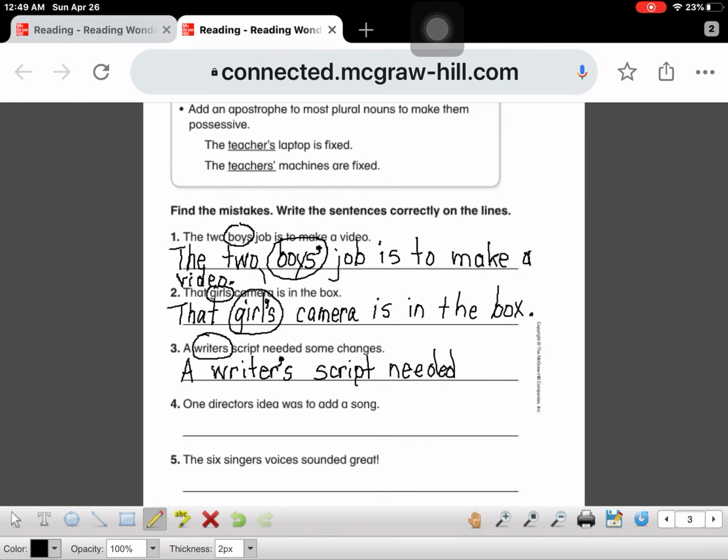Sorry about that D, but I can't erase today because I'm using a different program. So I'm sorry that my line didn't touch that part. So make sure you do that. Needed some, and I ran out of room, so I'm going to wrap around, lowercase c, changes.